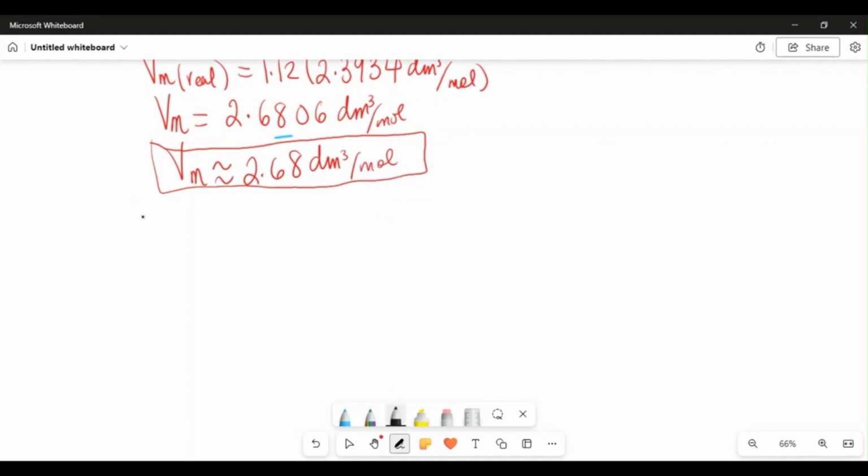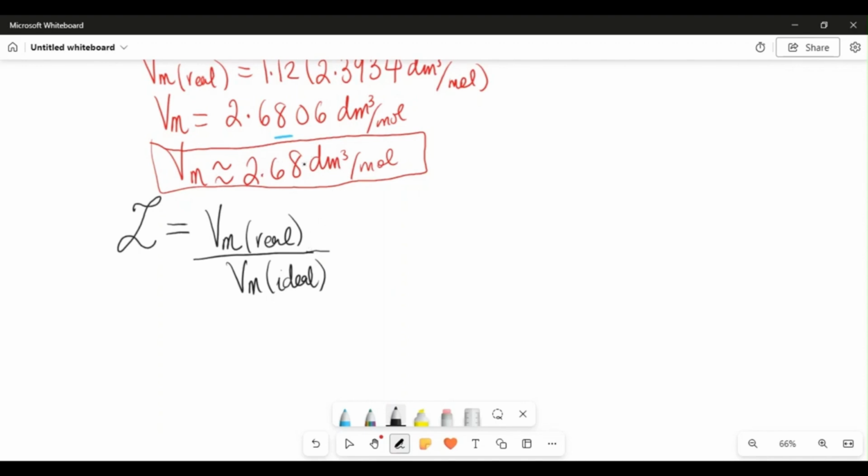You would need to use a formula, and there are many compression factor formulas, but in this particular question, Z equals the molar volume of the real gas divided by the molar volume of the ideal or perfect gas. You can call it perfect gas or ideal gas. That is basically it.